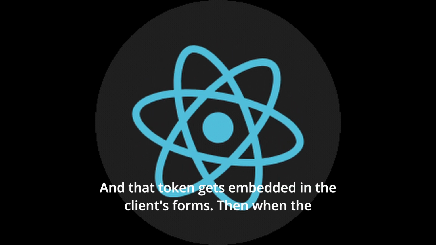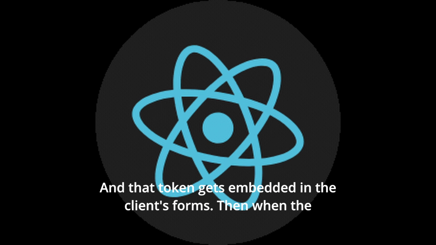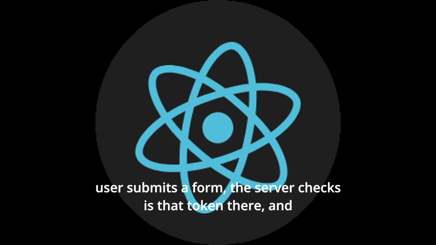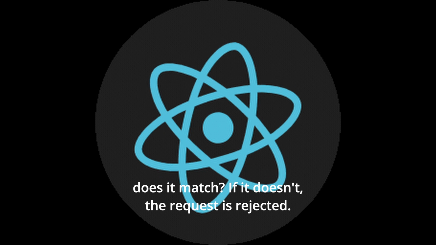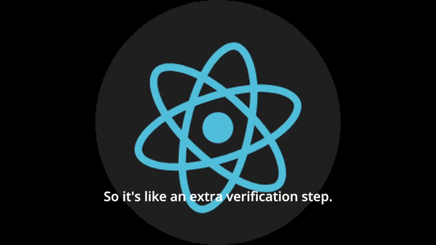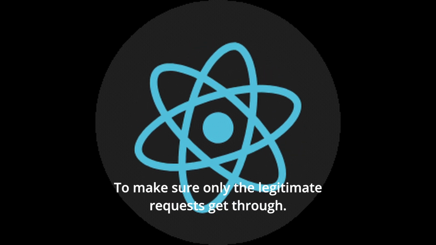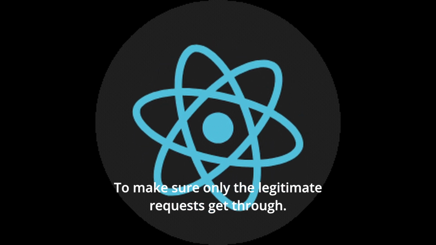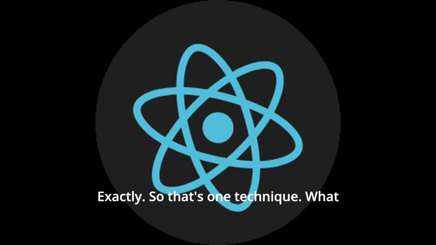And that token gets embedded in the client's forms. Then when the user submits a form, the server checks, is that token there, and does it match? If it doesn't, the request is rejected. So it's like an extra verification step. Exactly, like a secret handshake, to make sure only the legitimate requests get through.